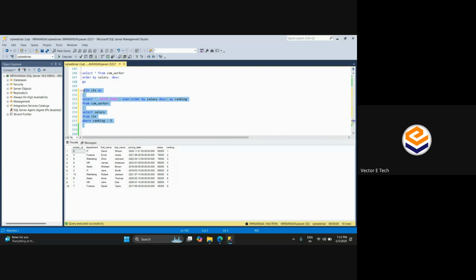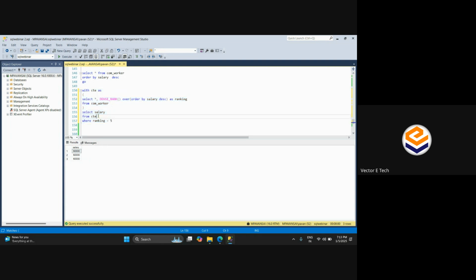If I execute this, you can see I'll get the 60,000 value in all rows. And if you want all the column names, you can mention the column names, no problem with that. You could say ranking 5. Is it understandable, everyone?